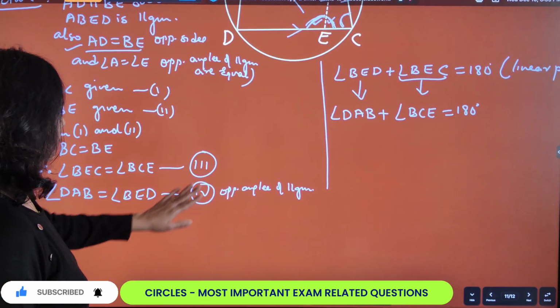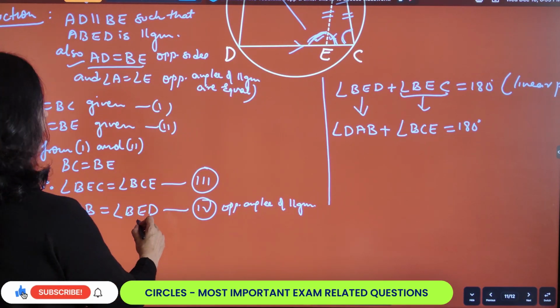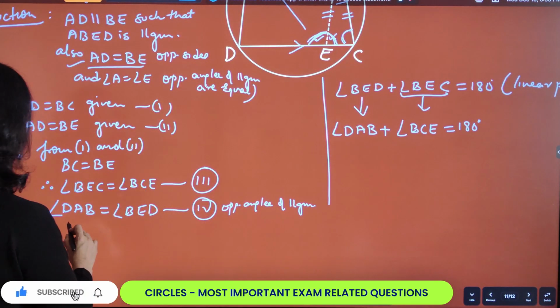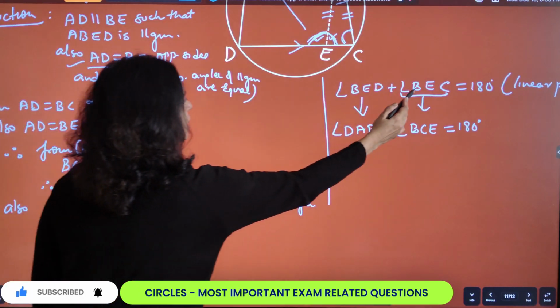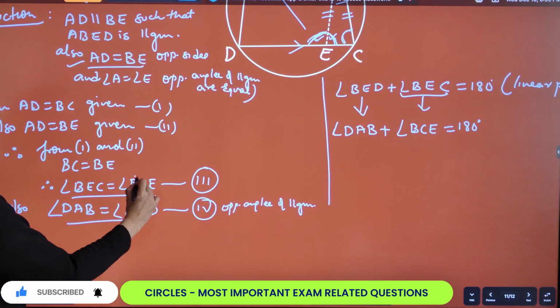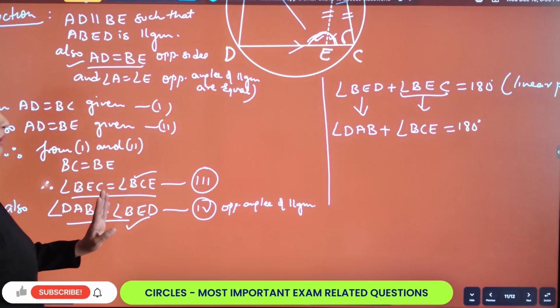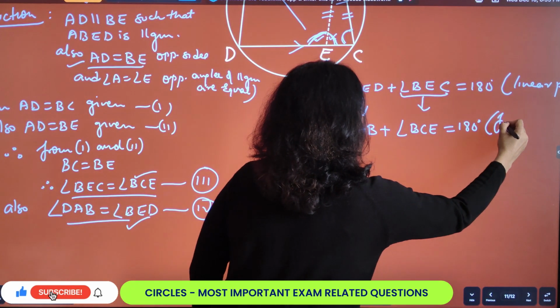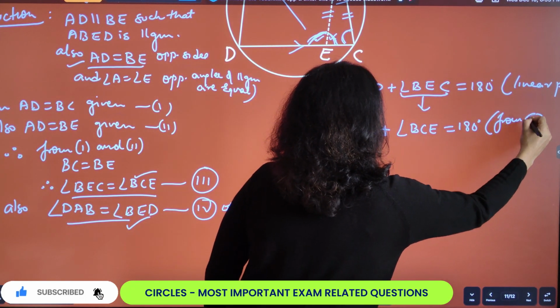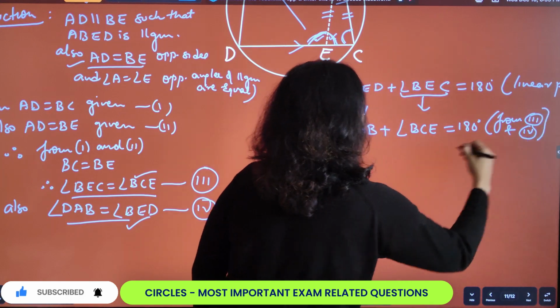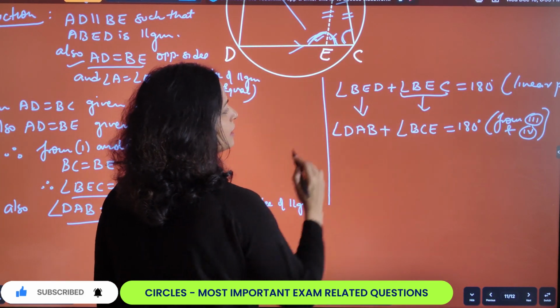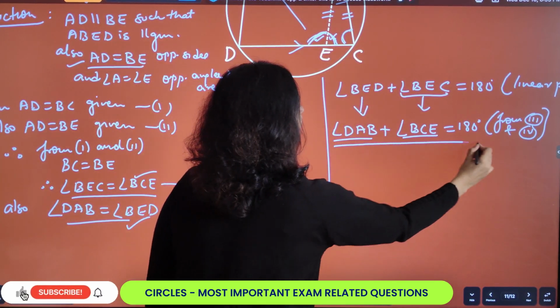Why did I write this here? Because we already proved it. BED is equal to DAB, we already got here, and BEC is equal to BCE, we have got here too. So from the 3rd and 4th parts, these angles are equal to this. So what are these two angles?